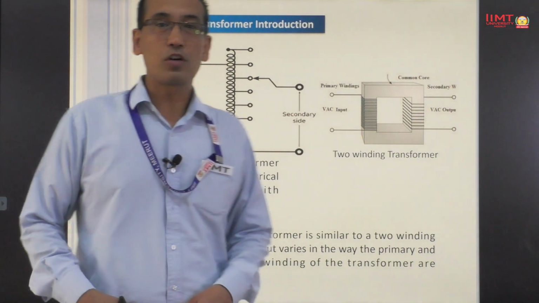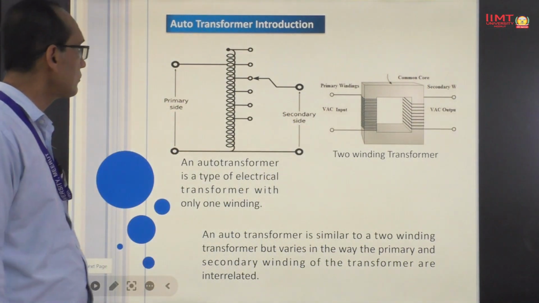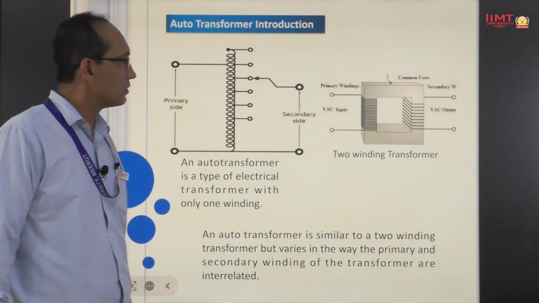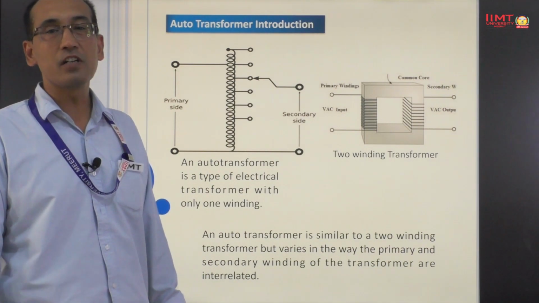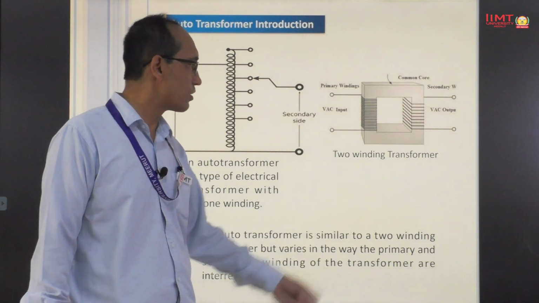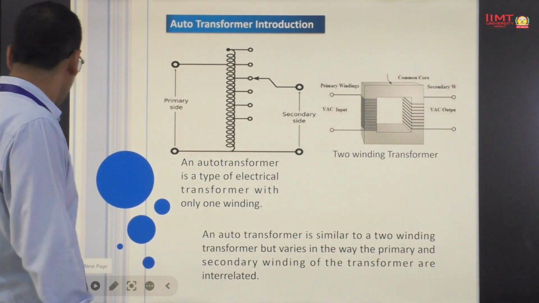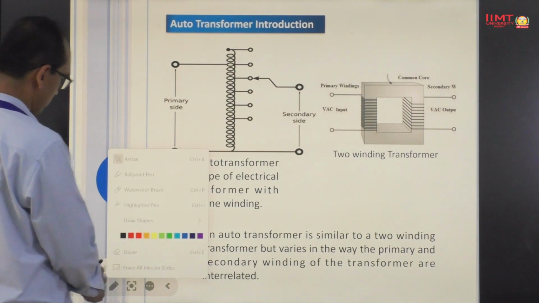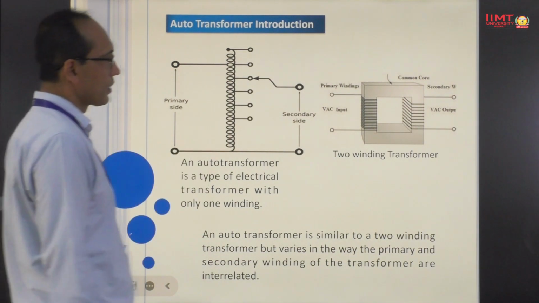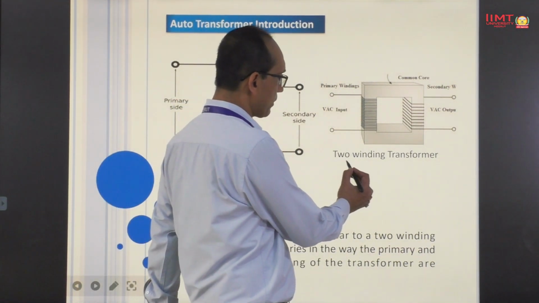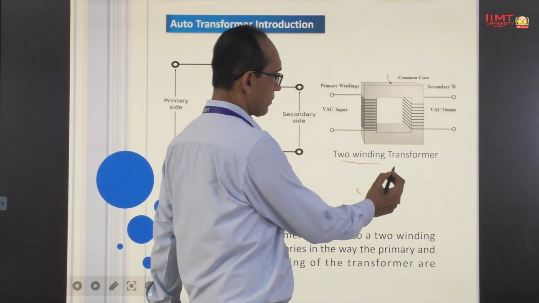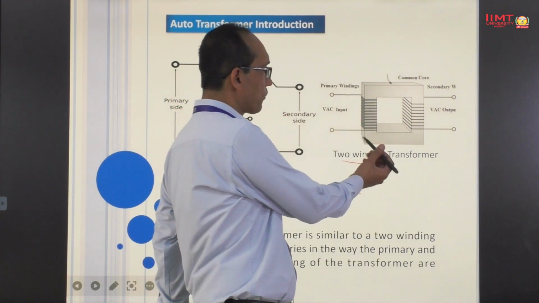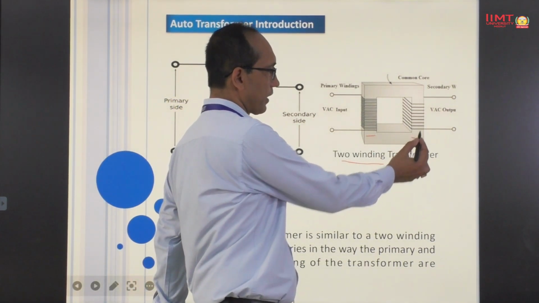What is an auto transformer? If we compare auto transformer with the conventional transformer, or we can say two winding transformer, in two winding transformer you are having two different windings, one is this and second is this.